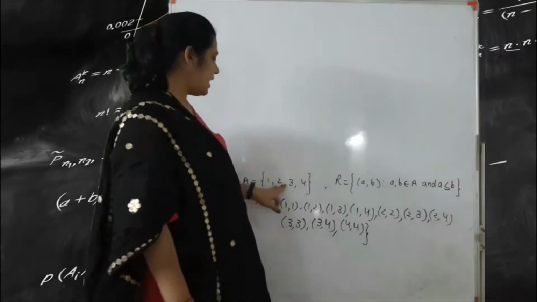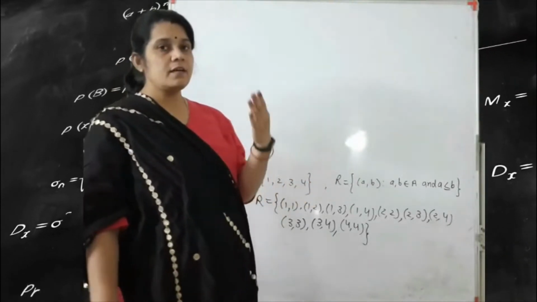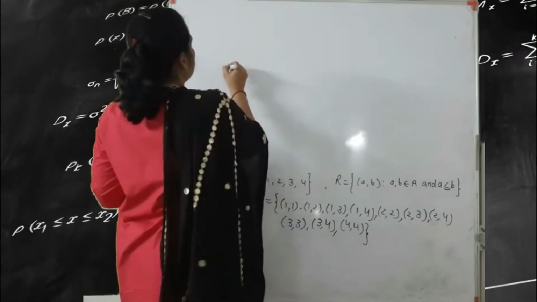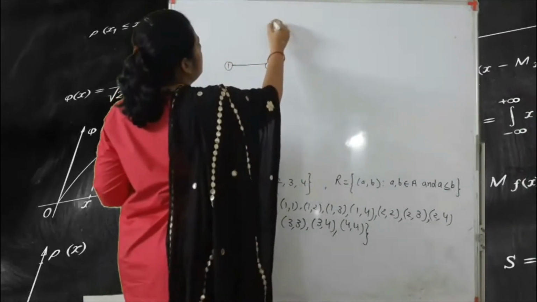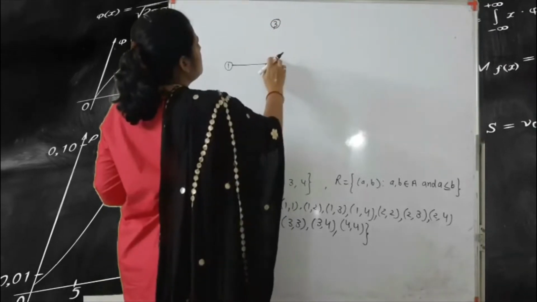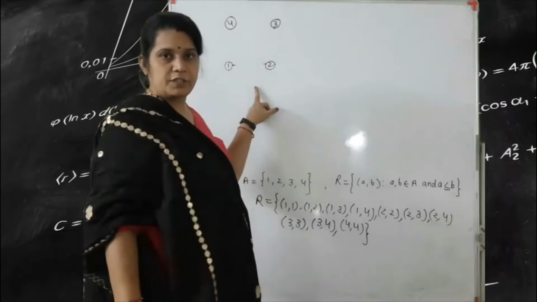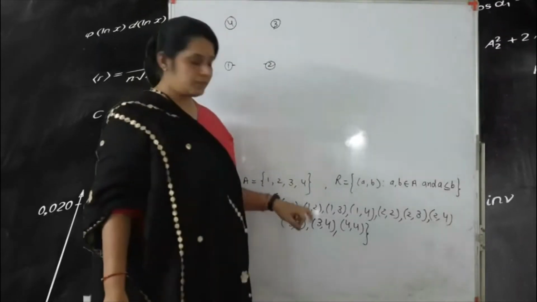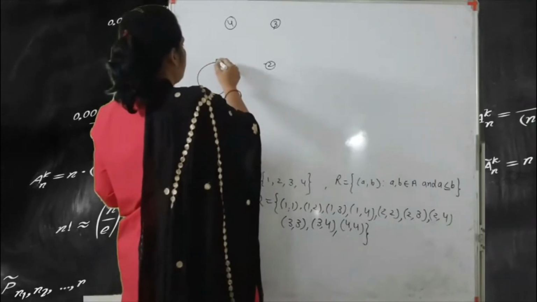So here we have the elements 1, 2, 3, 4, which means we can select the vertices. We write here 1, 2, 3 and 4. The relation is (1,1), which means this is a self loop.